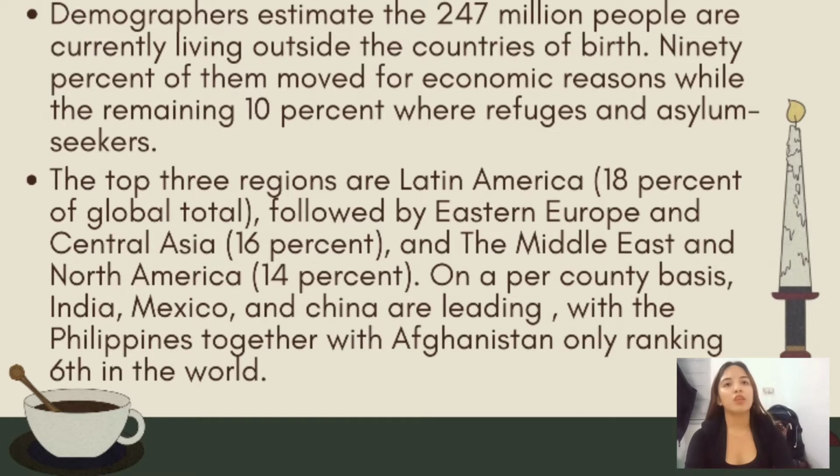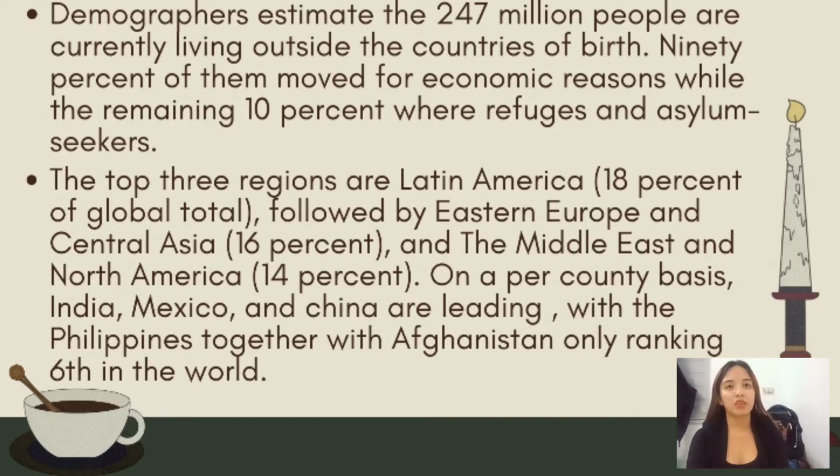The top 3 regions of origin are Latin America with 18% of the global total, followed by Eastern Europe and Central Asia with 16%, and the Middle East and North Africa with 14%. On a per country basis, India, Mexico, and China are leading, with the Philippines, together with Afghanistan, only ranking 6th in the world.